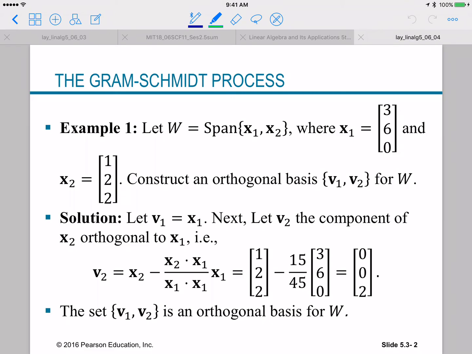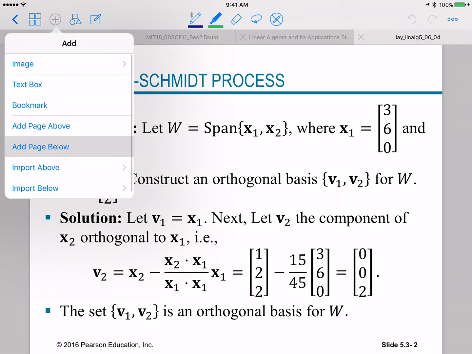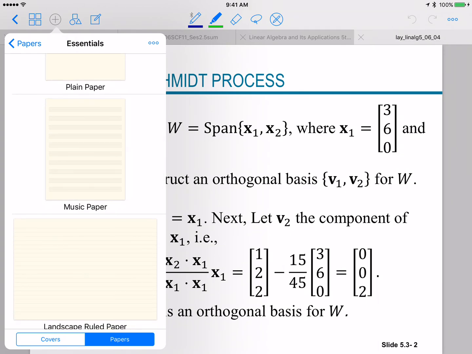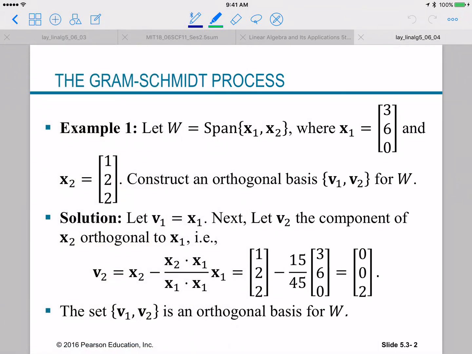Even before talking about any details of the Gram-Schmidt process, what we are doing is as follows. The initial starting point is some set of linearly independent vectors.